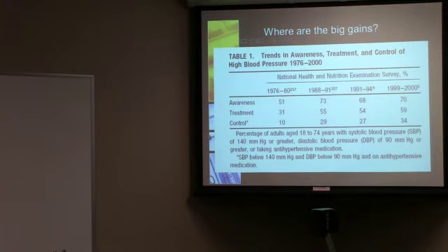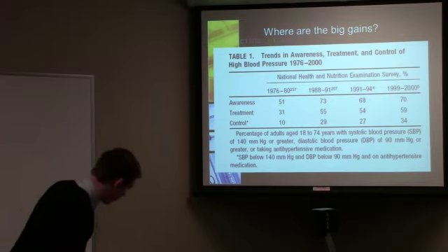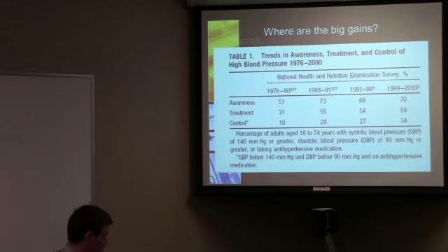Don't expect you to memorize anything off the numbers. I'm just going to briefly go over the numbers, and we'll just look at the latest data that we have. So this is the percent of people that are aware that they have high blood pressure, percent being treated, percent controlled.